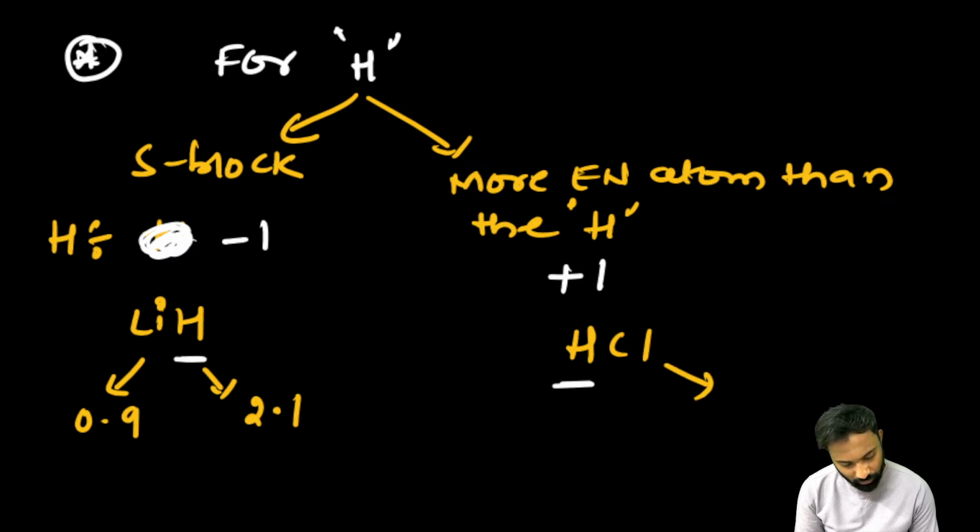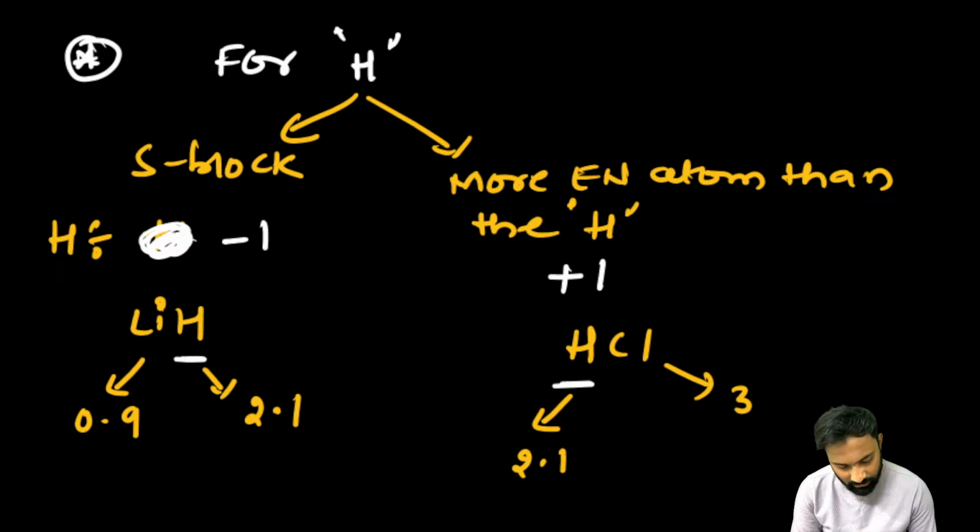Now the chlorine electronegativity value is 3, hydrogen electronegativity value is 2.1. Here we are getting electronegativity differences, which means there is a chance of dragging the bond pair of electrons towards itself.